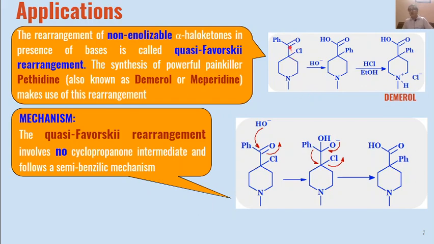So what happens is, in fact the substrate is alpha chloroketone, and when this is reacted with hydroxide ions, we know that the halogen will be removed in the first instance, and this phenyl will be shifted to this place, and hydroxide will attack at this carbonyl instead of formation of carbanion, which is formed as a first step in the Favorskii rearrangement.